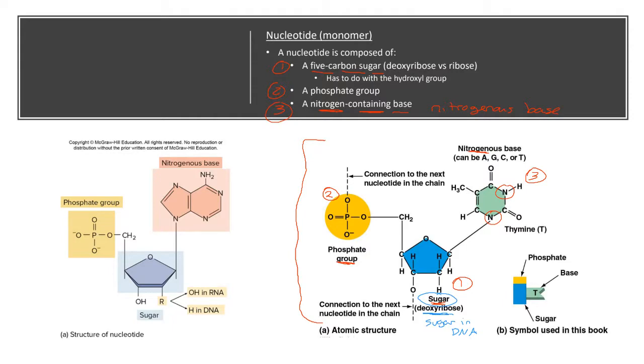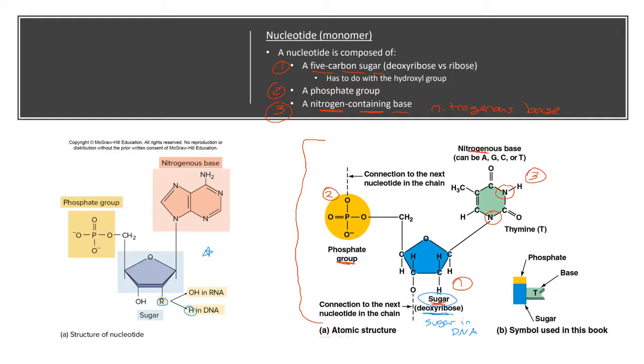And what is the big difference? If you look at the sugar here, actually, there's the labeling there already. I don't want to over label things. What is the difference between ribose and deoxyribose? Well, if it's deoxyribose, this is going to be a hydrogen.